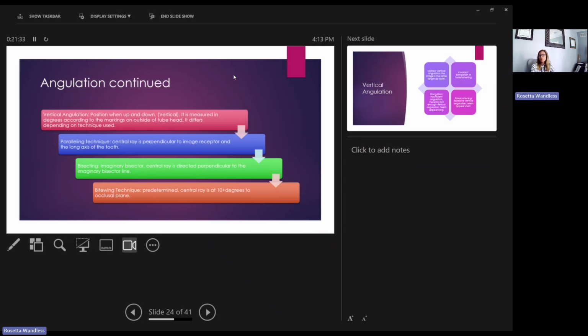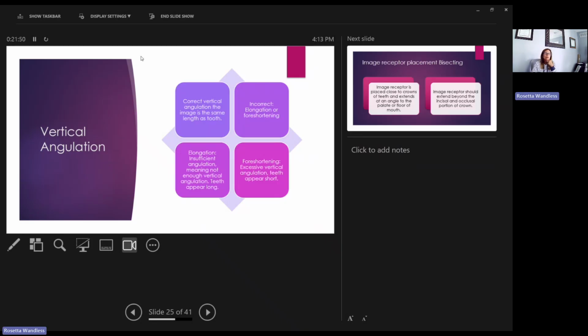The central ray is going to be at about a positive 10 to the occlusal plane. That means it's going to be slightly upwards so that we can grab the entire image of the bitewings.